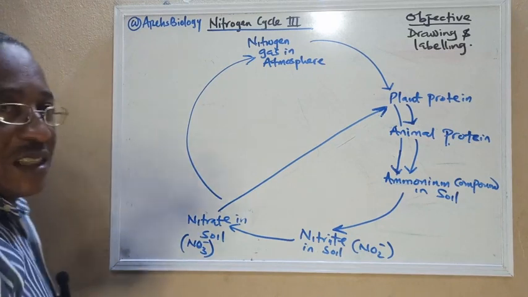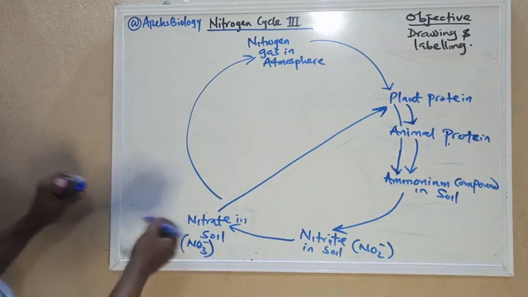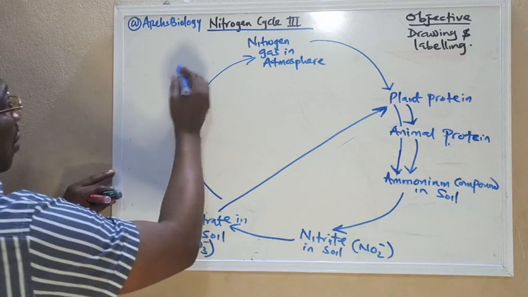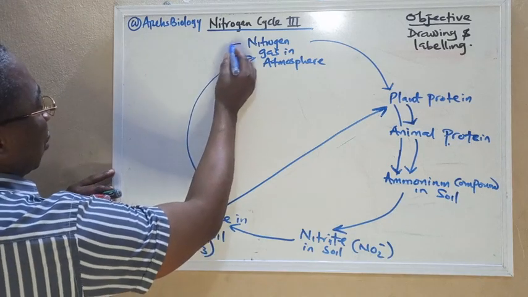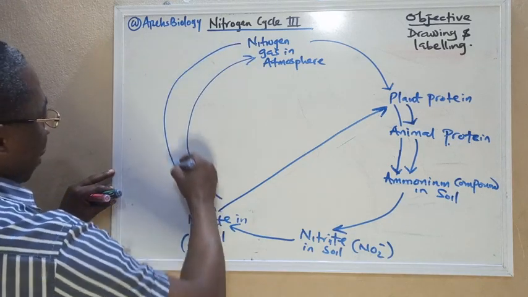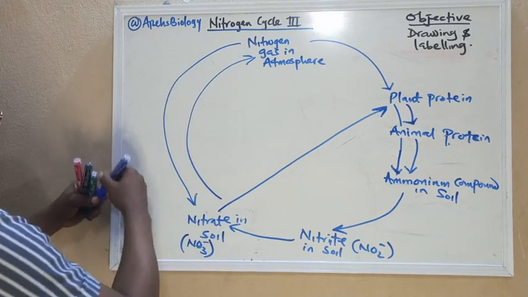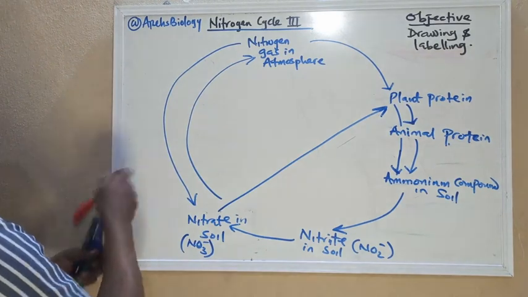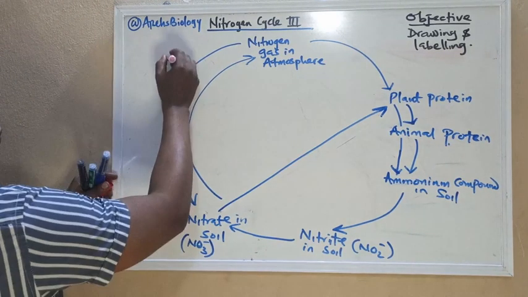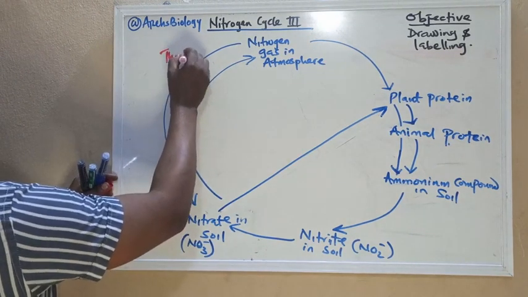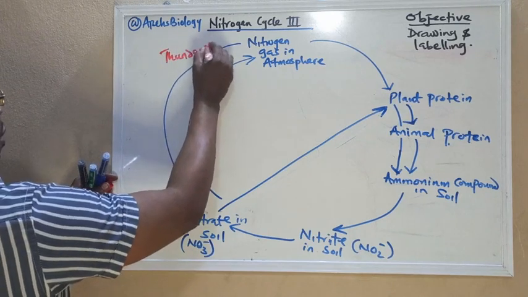a reaction called denitrification. But interestingly, we'll have another interesting process that will bring this nitrogen back into the soil as what? Nitrate again. And this arrow, we're going to call the arrow with a reaction that is called thunderstorm. Thunderstorm, all right?